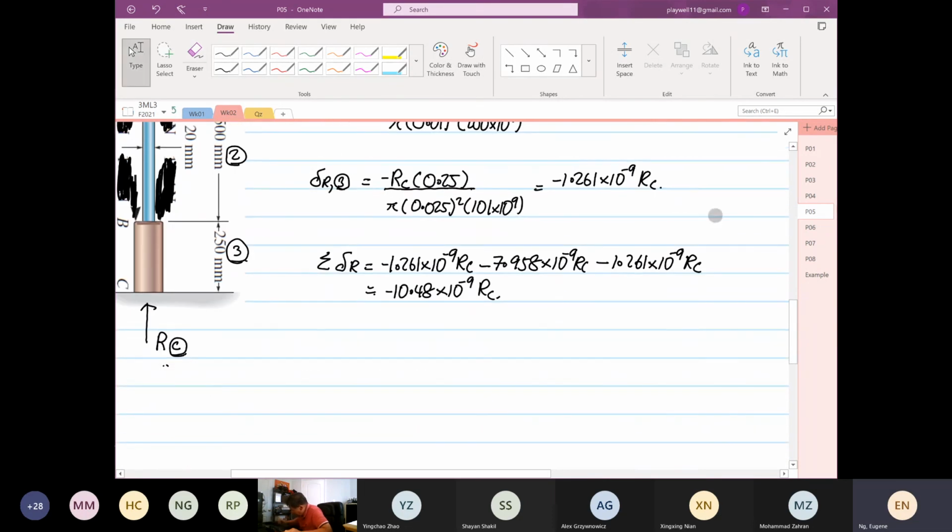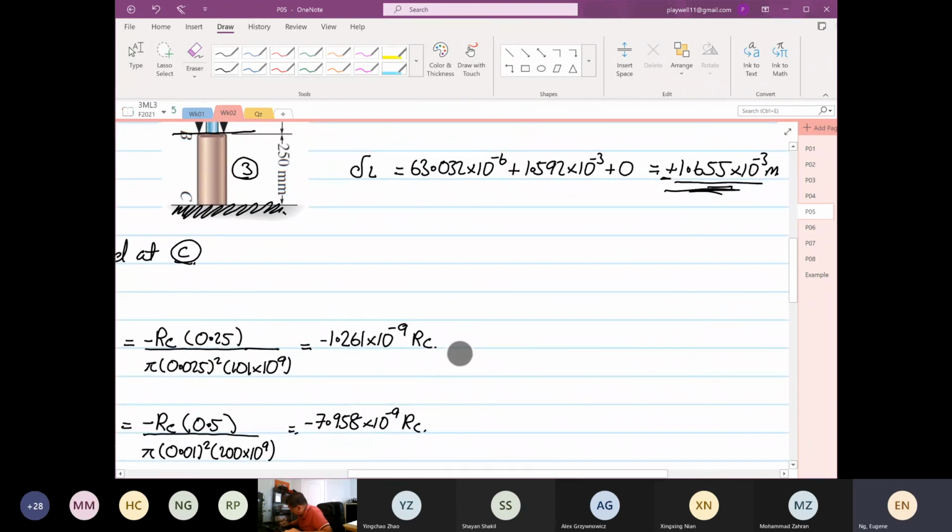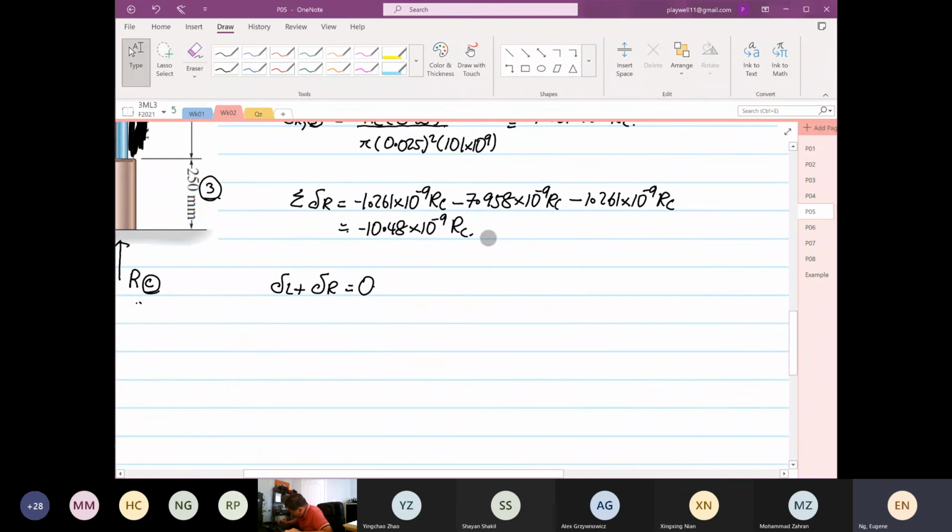Almost done. We are going to apply the deflection of the applied load plus the deflection of the redundant load equal to 0. The applied load deflection is 1.655 times 10 to the power minus 3, plus minus 10.48 times 10 to the power minus 9 RC, is equal to 0.